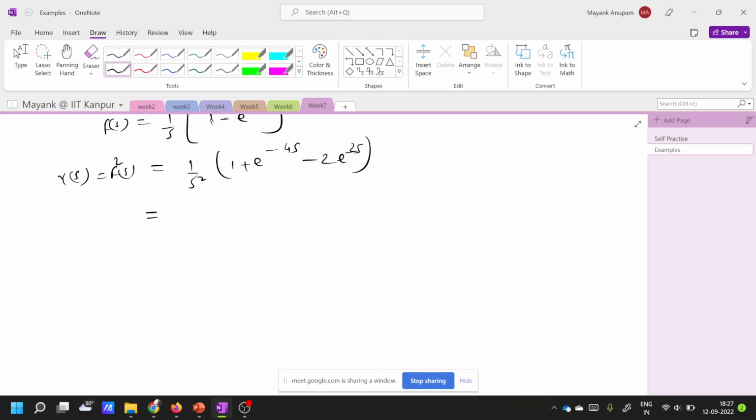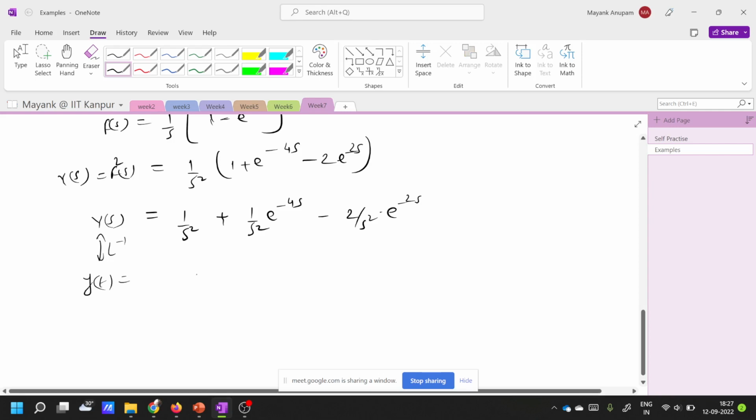Now let us split each and every term. So this is 1 by s square plus 1 by s square e to the power minus 4s minus 2 by s square into e to the power minus 2s. Right? So now what is the inverse of this? I also need to find out the Laplace inverse, right?